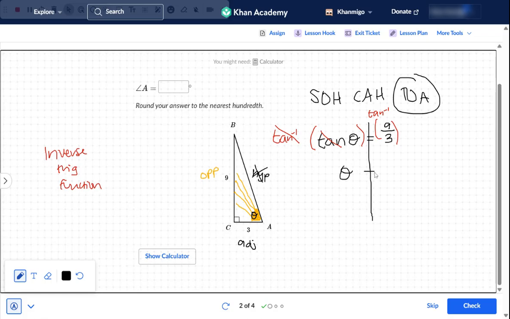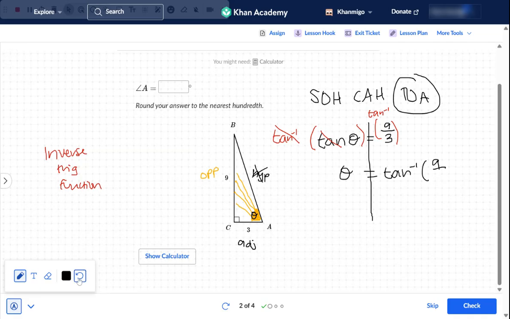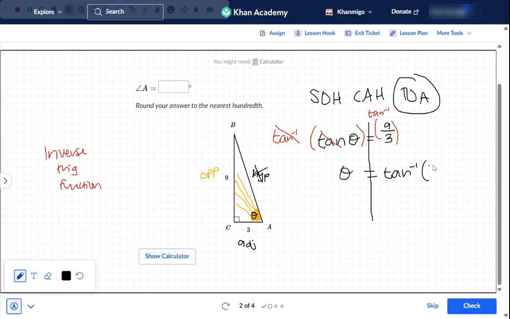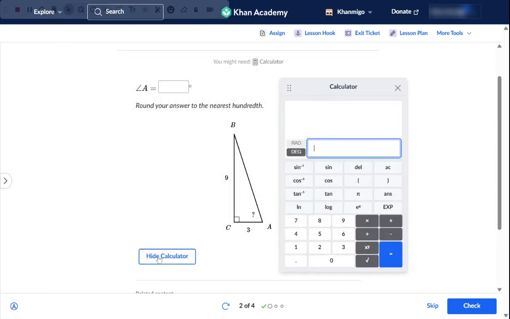We'll get theta is equal to the inverse tangent of 9 divided by 3. We can simplify that: 9 divided by 3 is just 3. Inverse tangent of 3. Oh, we need to close the parenthesis.